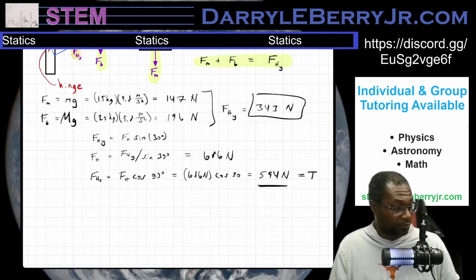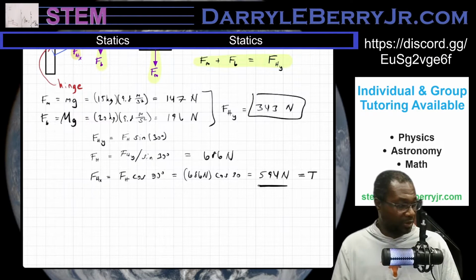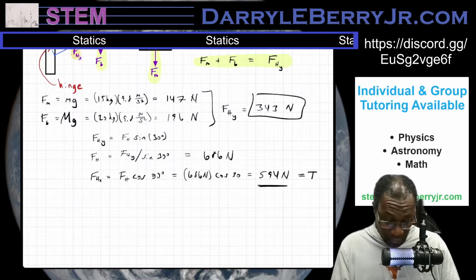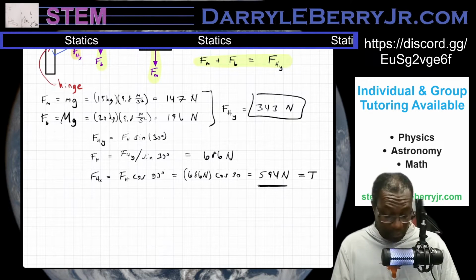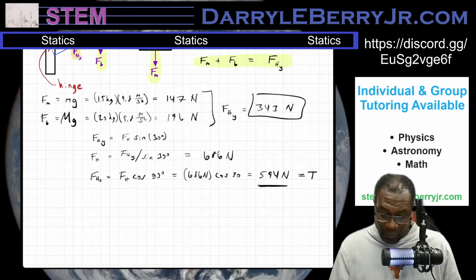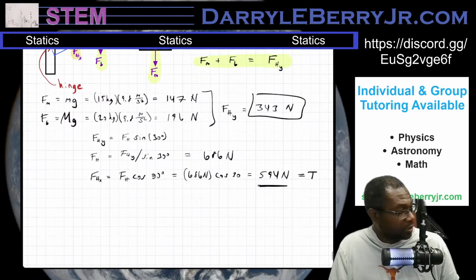Which means they got FHX, they got 530. So when I plug their numbers in, let's see here. I wonder if, oh, it should.